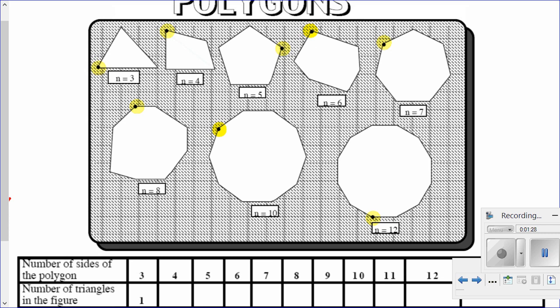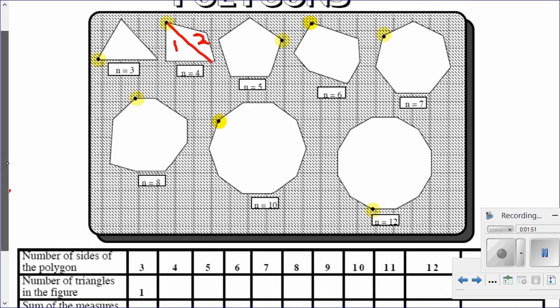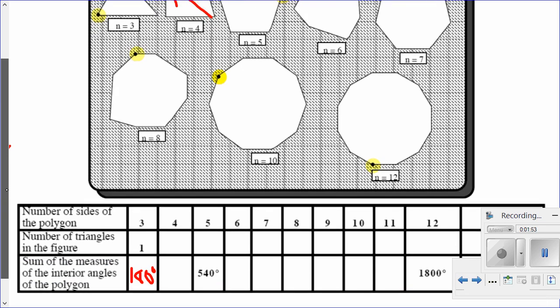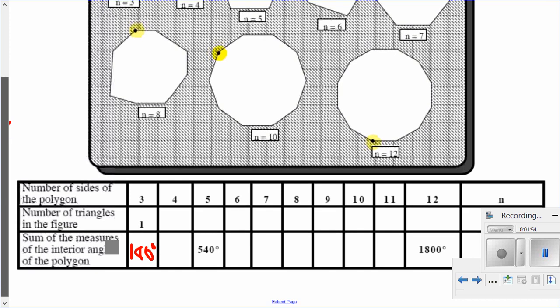Now if I start with this highlighted vertex and I draw a diagonal in, there's one there. Okay, so now if I count how many triangles there are, I can see that there are two. One, two. So there are two triangles. And we know that for each triangle, the sum of the interior angles is 180 degrees.